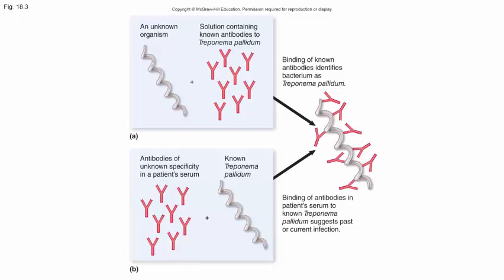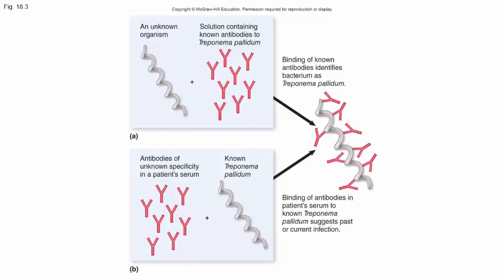Here you see a situation. You have a solution containing known antibodies to Treponema pallidum, and then you have an unknown organism. The antibodies will bind to the bacteria, and that would suggest that you have the bacteria.